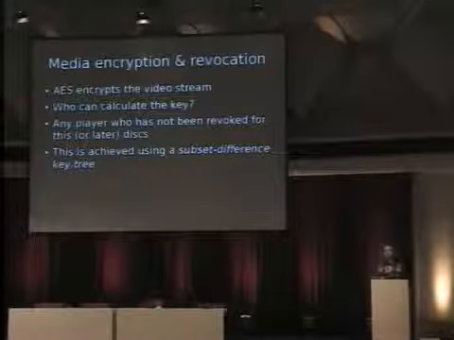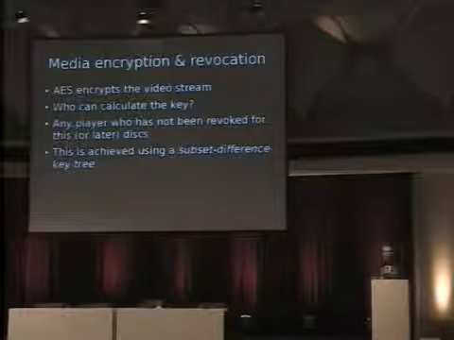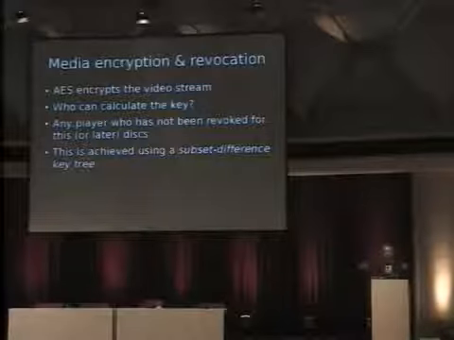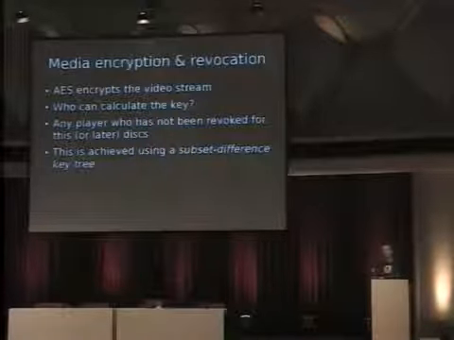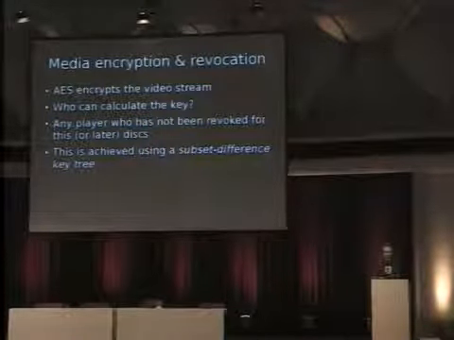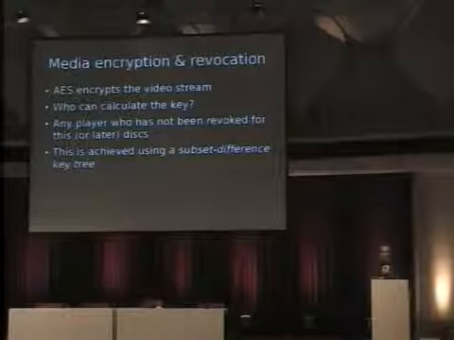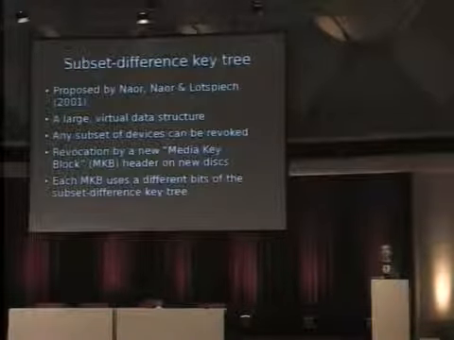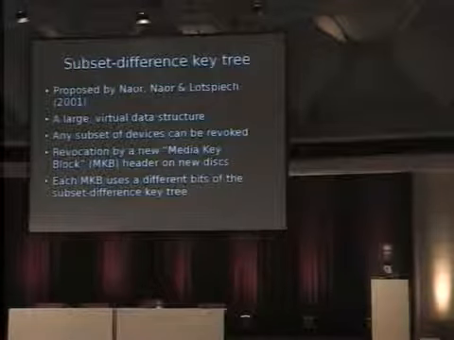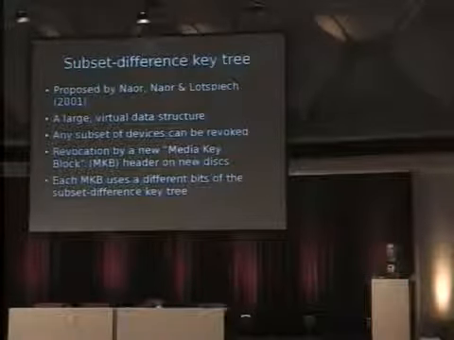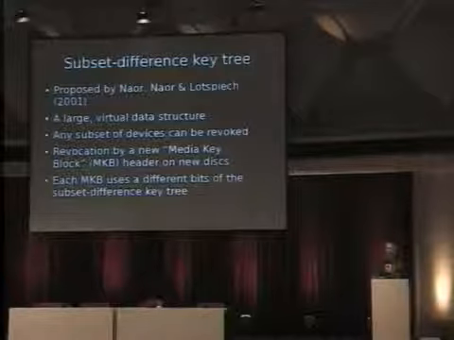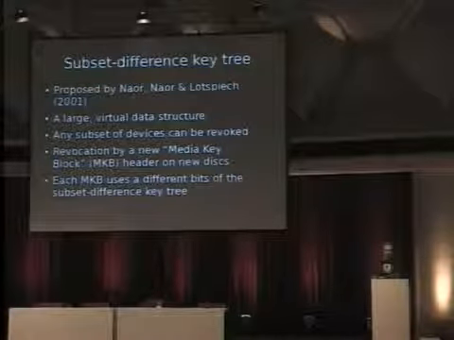And so this system allows arbitrary subsets of users to be revoked, and anyone else can play the film. The data structure that's used to do this is called a subset difference key tree. And this data structure was proposed in the cryptography literature by Naor and Lotspiech.